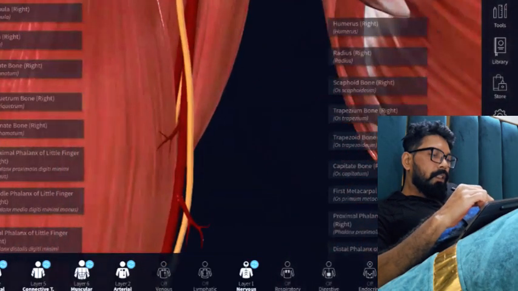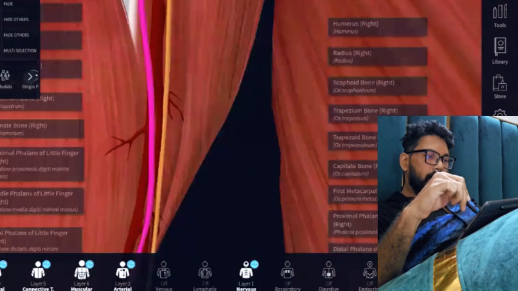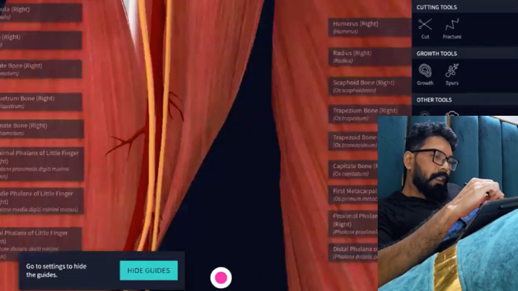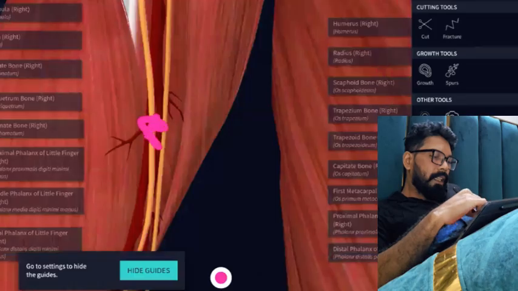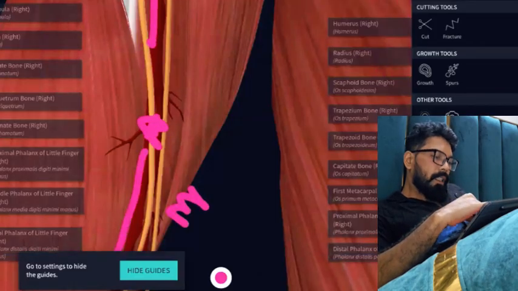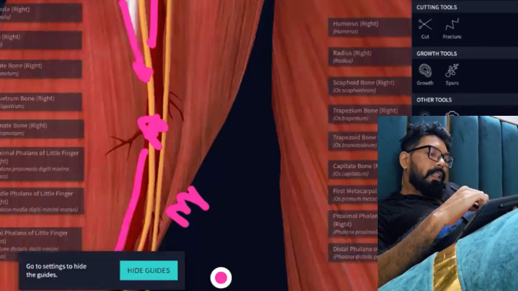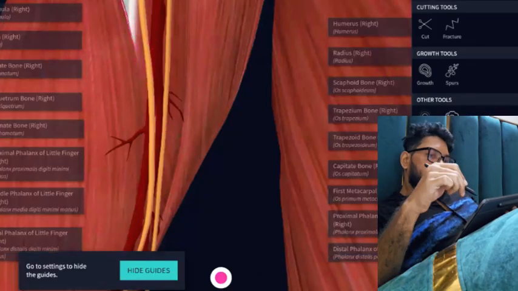Let me draw it. First it's lateral, then anterior, then medial, and your brachial artery just going like this. Lateral, anterior, then medial. This is very important, guys.